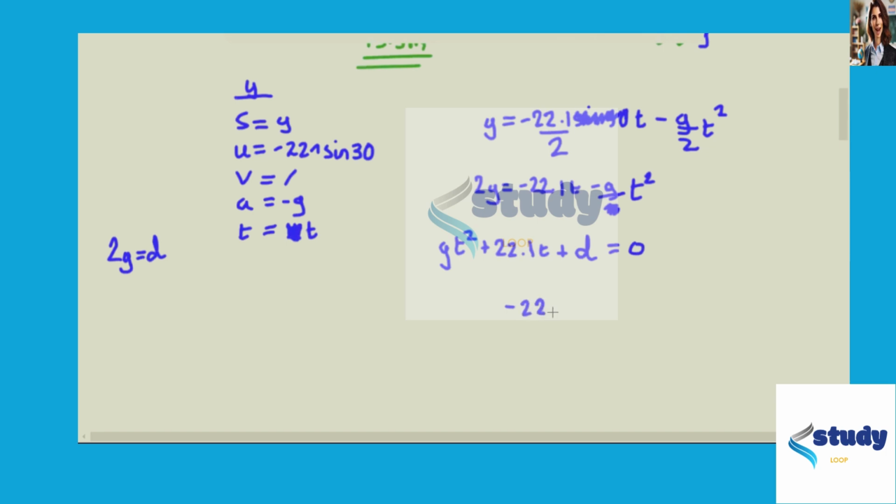negative 22.1, which we could also call our initial velocity, plus or minus the square root of 22.1 squared minus 4 multiplied by g multiplied by the diameter of the target, and all of this over 2g. And this is now our time of flight.